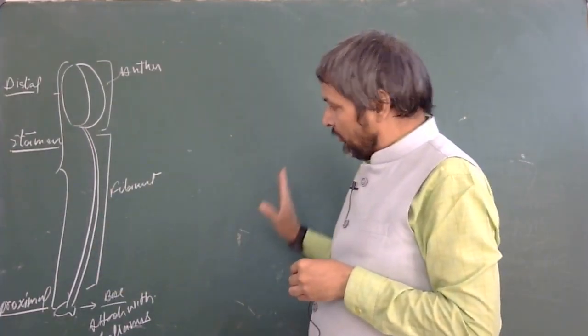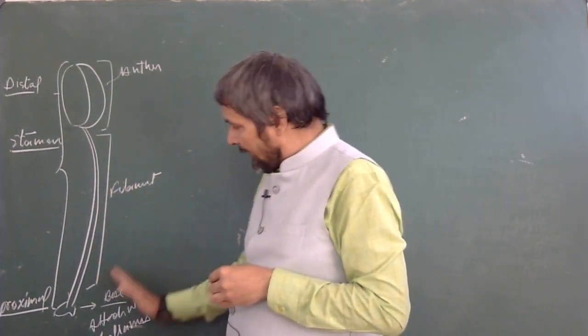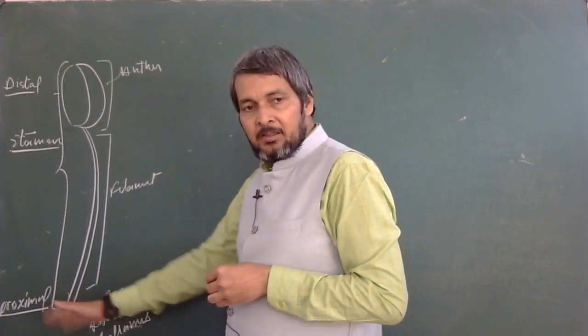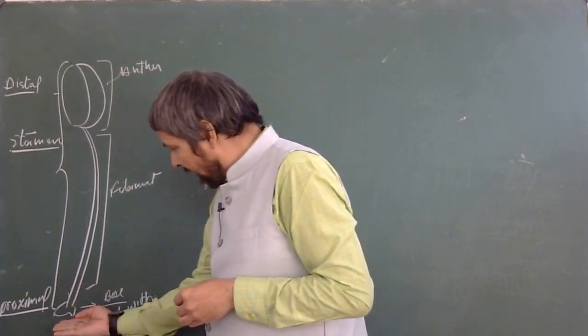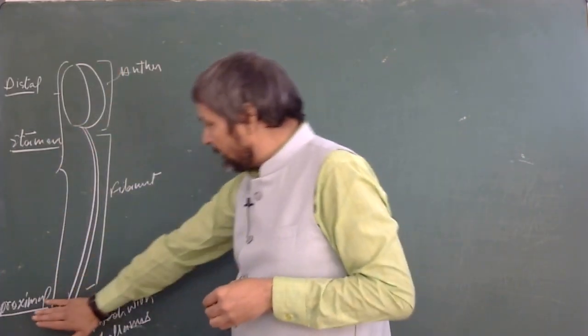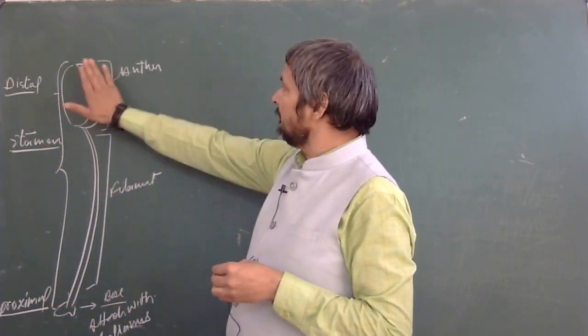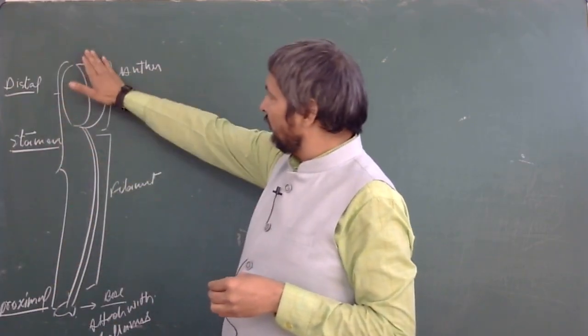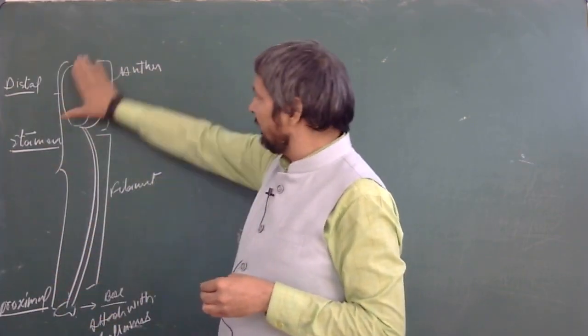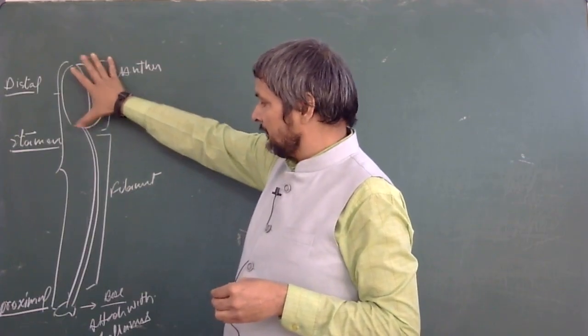Always remember, the part of the stamen that attaches with the flower, the origin point, is known as the base, and this is the proximal end of the stamen. The part that is away from the base of the flower is known as the distal part.